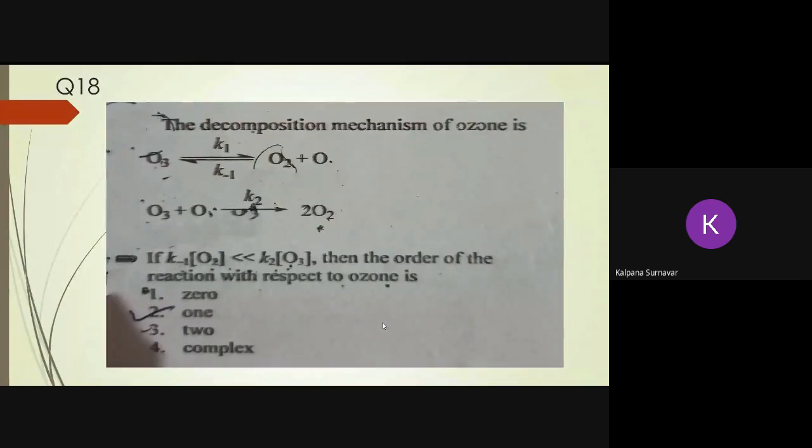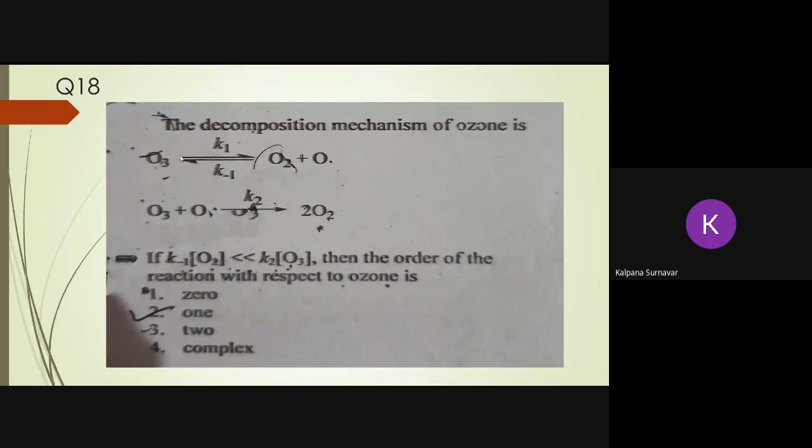The next and very important question is based on kinetics, the ozonolysis reaction. The decomposition mechanism of ozone is O3 giving O2 plus oxygen atom, where the forward rate is K1 and the reverse rate is K−1. The next reaction is O3 plus this intermediate oxygen atom, which gives 2 O2, and the rate of this reaction is K2.